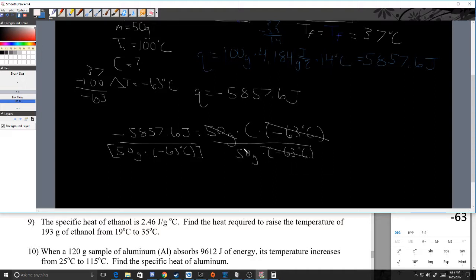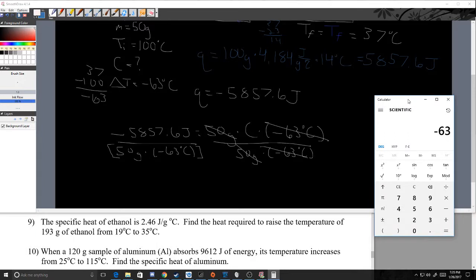Cancel, cancel, cancel, cancel. All right. So our specific heat is equal to, yeah, let's see if I can figure out negatives here. All right. Took me long enough to figure that part out.